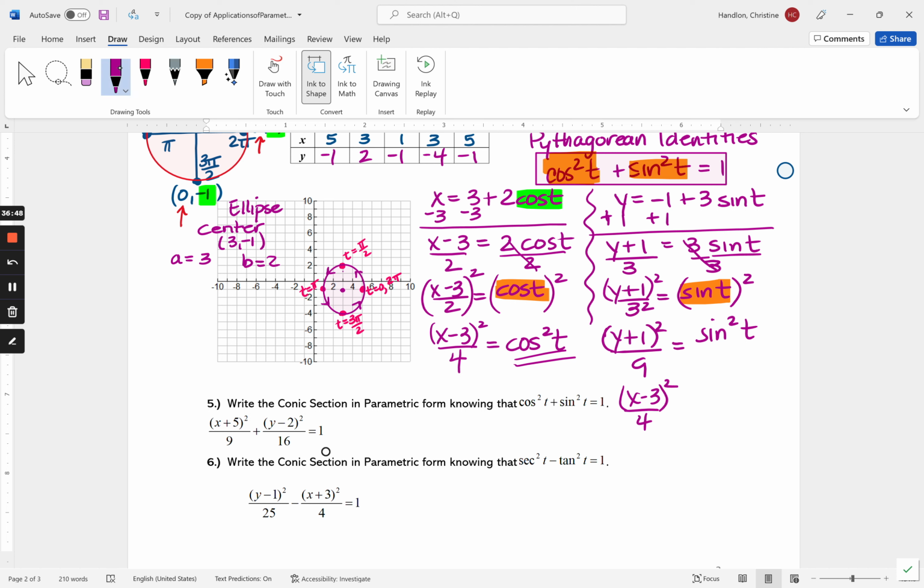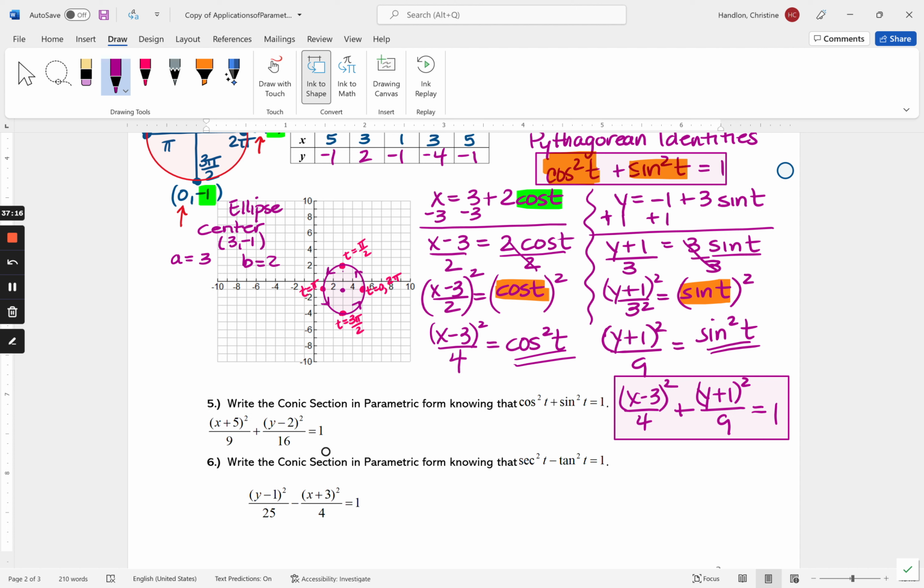I need a sine squared. Well, here is my sine squared. So I'm going to substitute it into my Pythagorean identity, plus (y plus 1) squared over 9, and then I'm going to put my equals 1. And so here now is my rectangular equation. I remove the parameter of t, and I'm done.